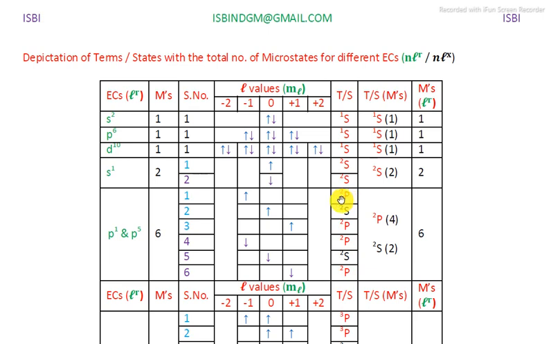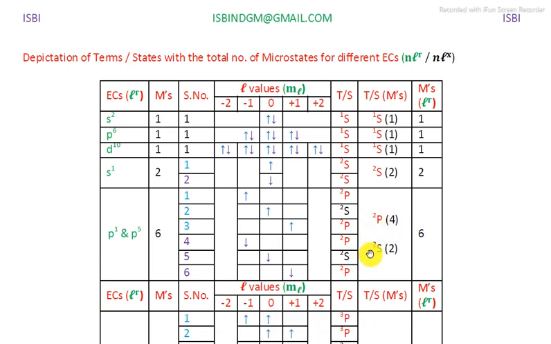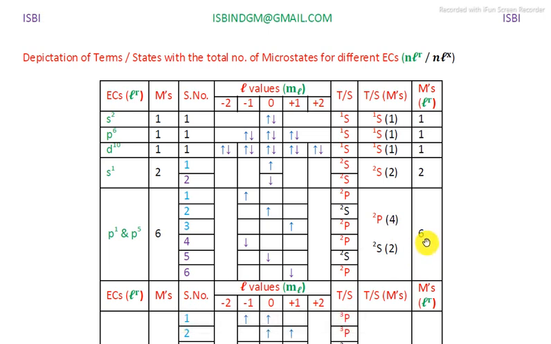If the electron is present in the middle orbital, the capital L value is 0, the term is S, 2S. 2P terms are 4, 2S terms are 2. Total number of microstates 6 for p1 and p5 electronic configurations.